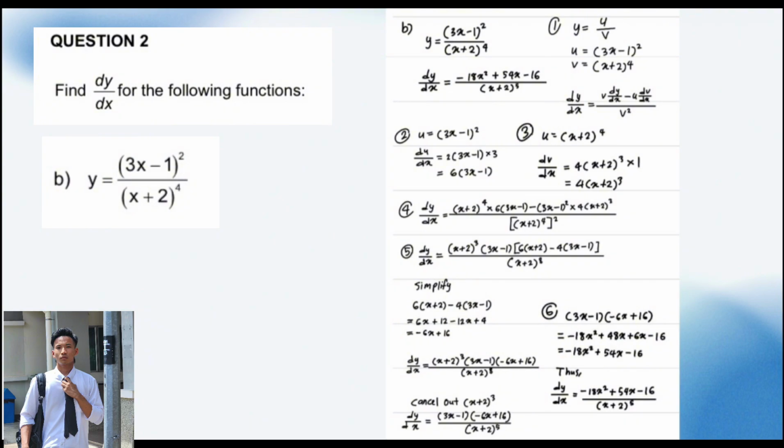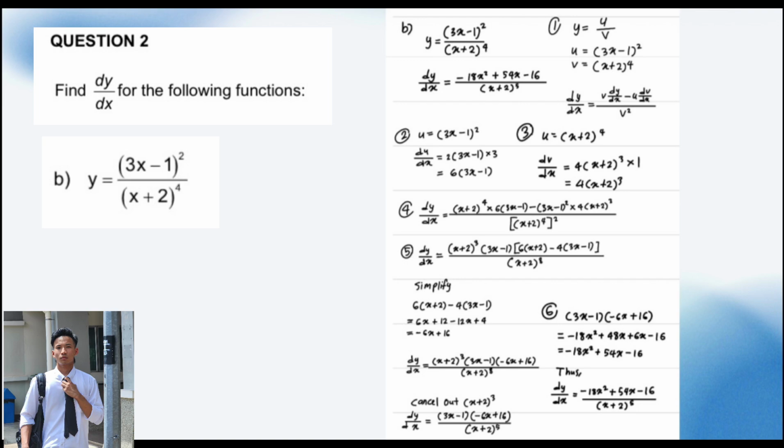Number 4. Apply the quotient rule formula. dy over dx equals (x plus 2) to the power of 4 multiplied by 6 (3x minus 1) minus (3x minus 1) squared multiplied by 4 (x plus 2) cubed, over ((x plus 2) to the power of 4) squared.